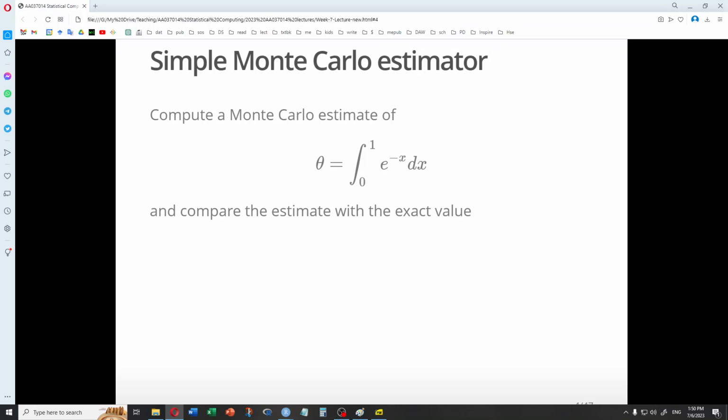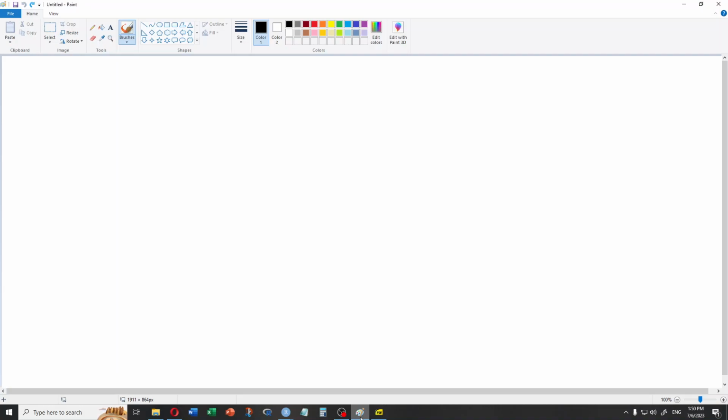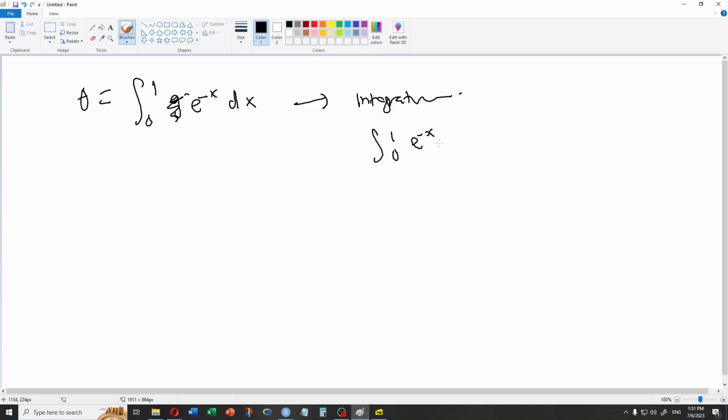That's the first example. We have theta equal to the integral from 0 to 1, where g(x) is e to the power of negative x dx. First, we can evaluate this integral directly. We know that the integral of e to the negative x dx is negative e to the negative x, evaluated from 0 to 1.